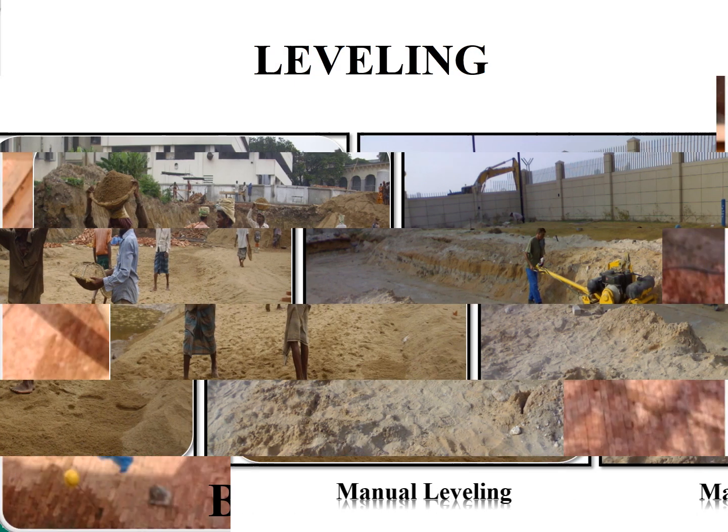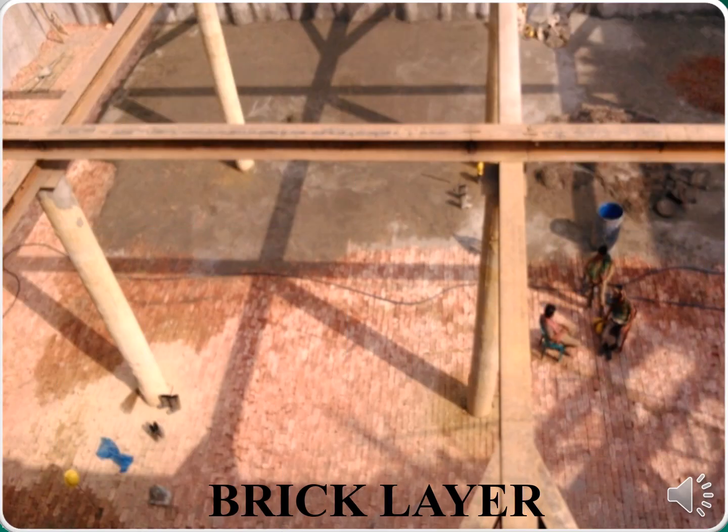Then the brick layer is put. There is a brick layer surface, brick finish surface, you can say BFS. Here the bricks are spread on the leveled soil and it is compacted to attain the required density.